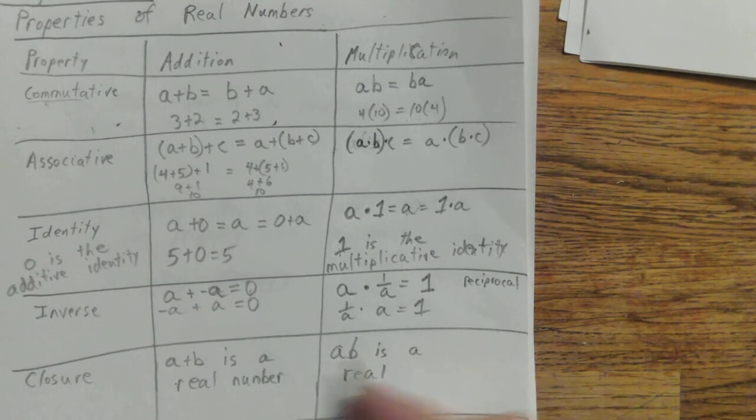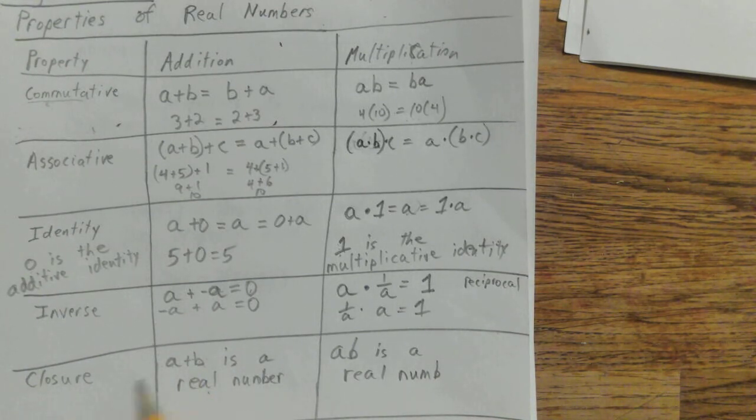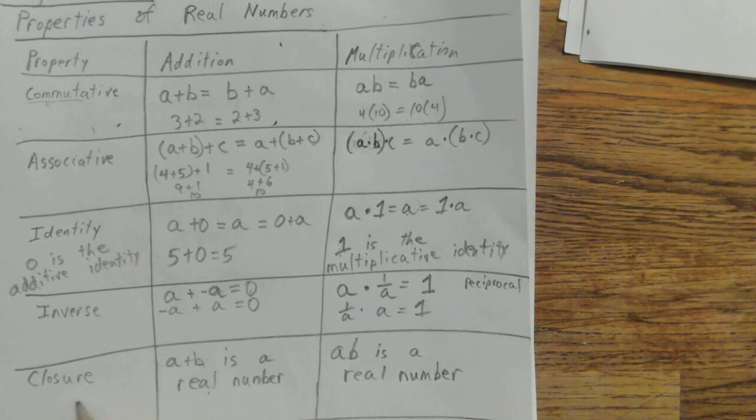That's the closure property. So we say that addition is closed in the set of real numbers, and multiplication is also closed in the set of real numbers.